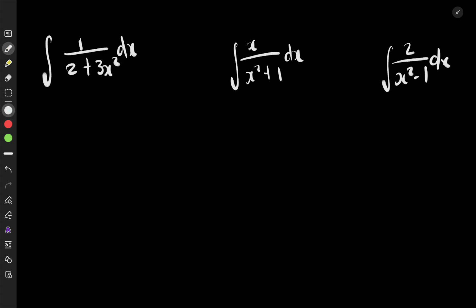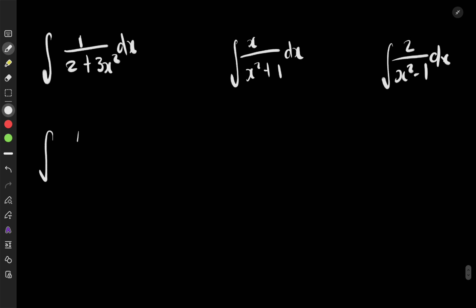What we are going to do is we are going to separate. So let's do it. For this one, I can see there is a 1 on top and an x squared in the denominator. So I know that this is going to be my tan inverse. Okay, and there should be an addition sign with the x squared there. So it's going to be 1 over, I rearrange, 3x squared plus 2 with respect to x.